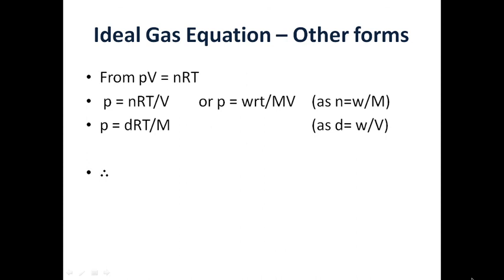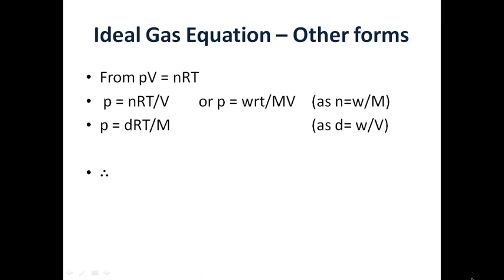Another form of the ideal gas equation is PV is equal to nRT, as we know. P is equal to nRT over V, or P is equal to WRT over MV, where W is the mass and capital M is the molar mass of the gas.